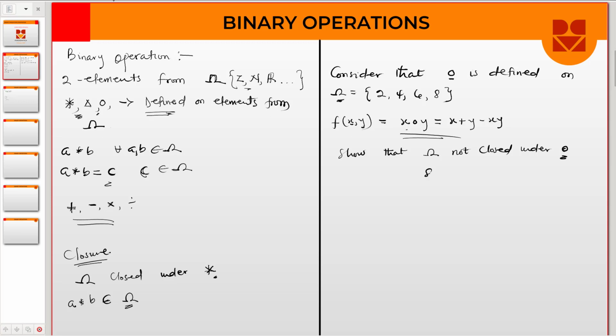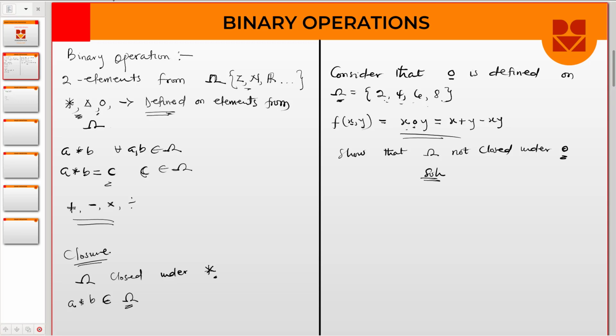So for our solution, all we have to do is look for one element that will disobey that property of closure. Bear in mind, we said closure means if you take any elements and operate on them, their answer should also be found in the set. So now let's see.